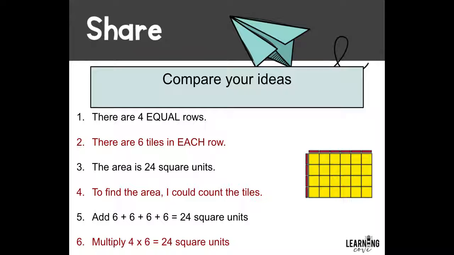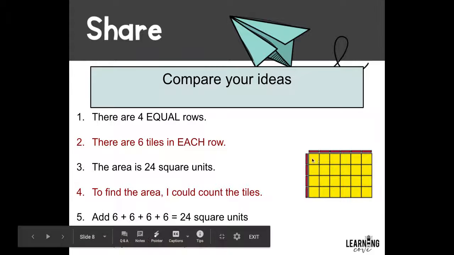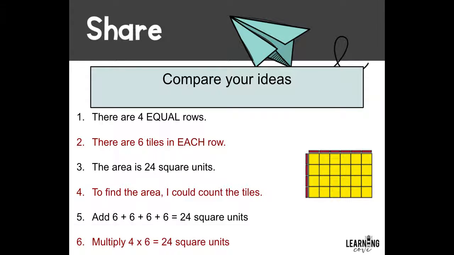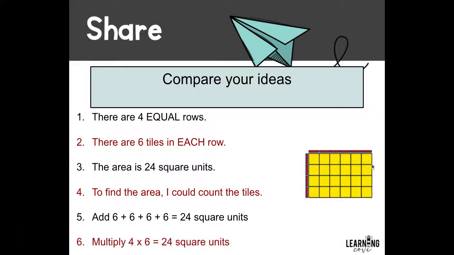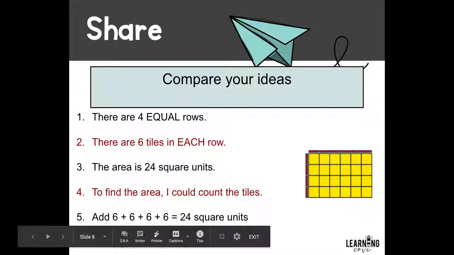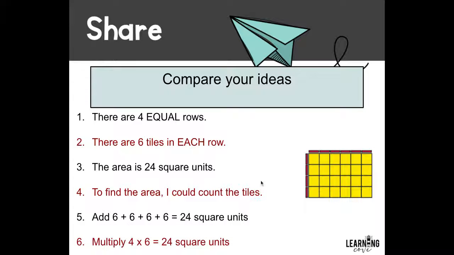I wrote down that there are 4 equal rows. Do you have a connection? Also, I noticed there are 6 tiles in each row. The area is 24 square units. When I use area, we label it with square units.